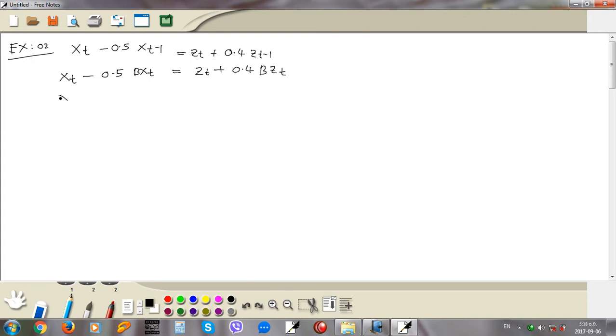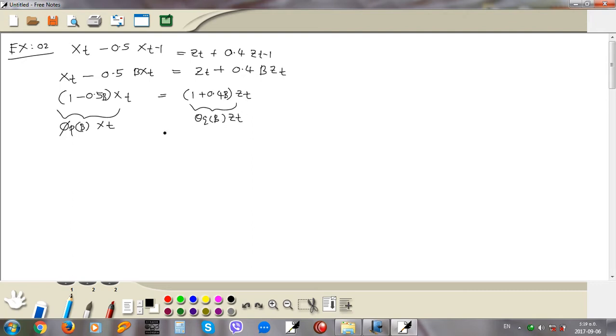Now we can take x t terms out from the bracket, then here 1 minus 0.5 B x t equals 1 plus 0.4 B z t. So then you can find this is the autoregressive part, phi p B x t, and this one is the moving average part, theta q B times z t.